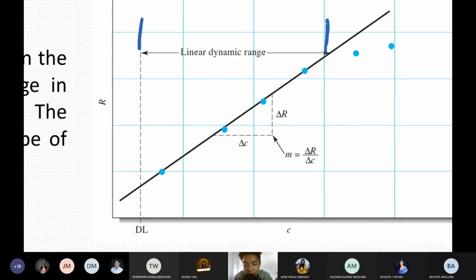So remember that in all measurements there is a random error, 'di ba? And random error can be determined using standard deviation. So you do not want any measurements or any concentration below your standard deviation. Why? Kasi when we say standard deviation, these are the noises in measurement na.